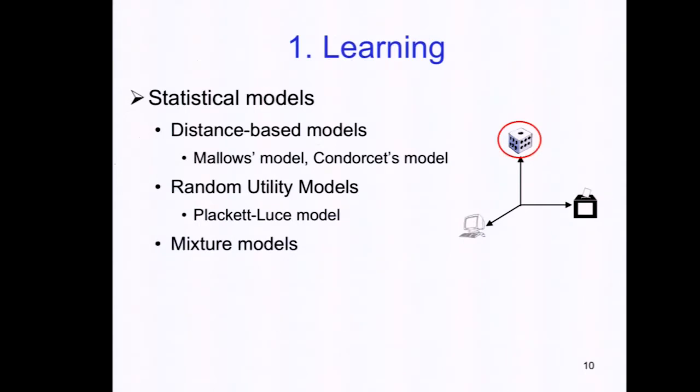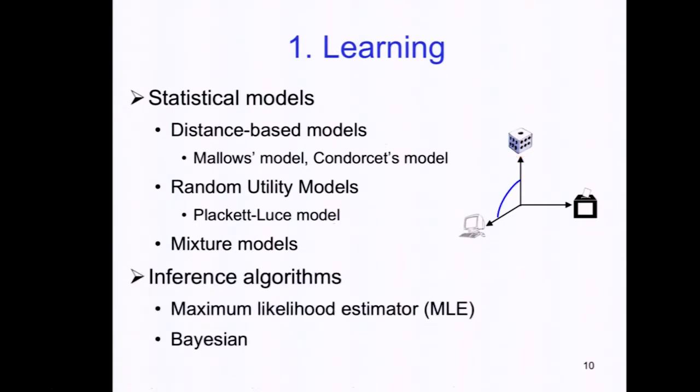And finally, we'll be talking about mixture models, which are a flexible way of creating new models based on existing models. For example, you can combine two Mallows models, creating a mixture model. You can combine a Mallows model and a Plackett-Luce model to create another model. This is a very flexible way of creating many models. So this is about the models.